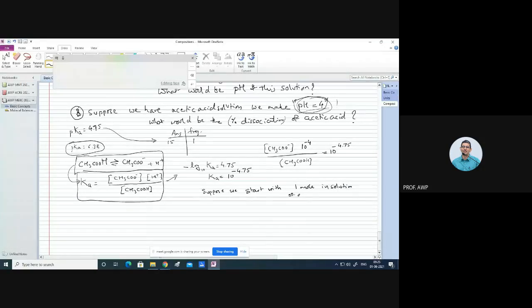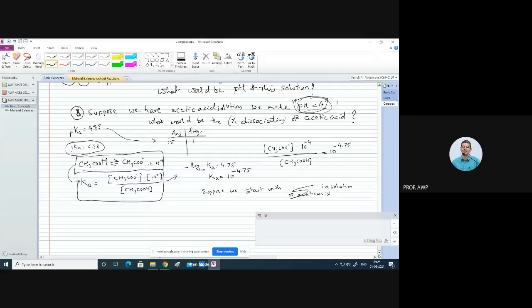Suppose we take 60 grams of acetic acid, dissolve in water and adjust the pH to 4, right? That means 1 gram mole of acetic acid we have taken.